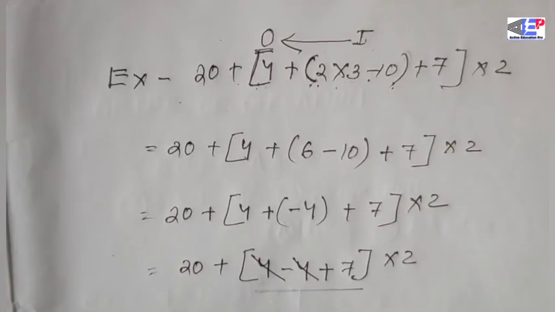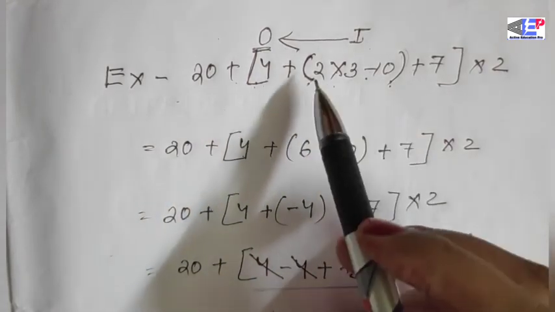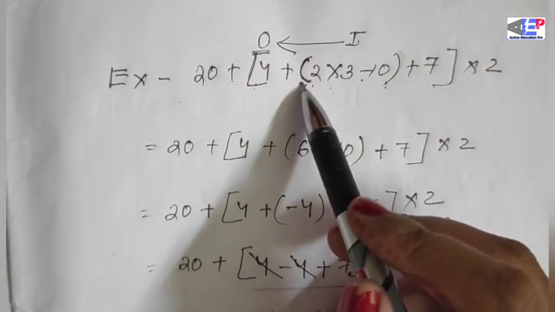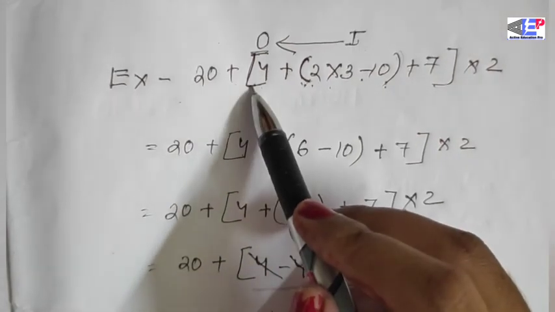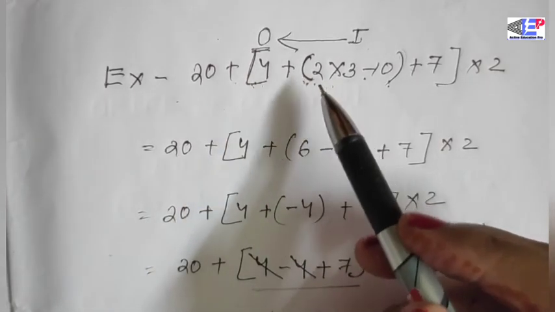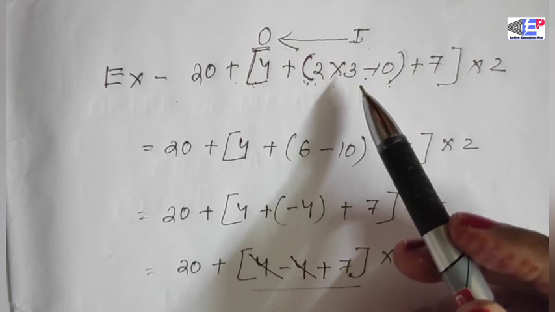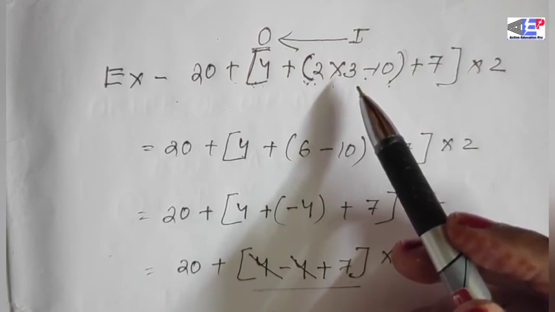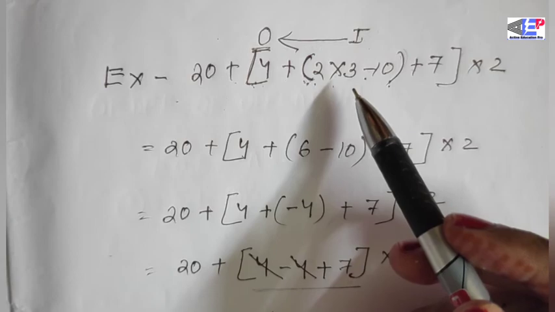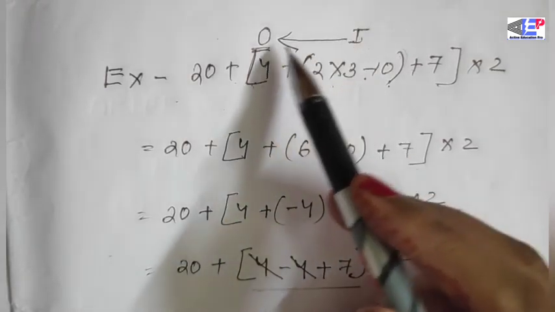Again I repeat it. In this question there are two brackets. One is simple bracket, round bracket, and another is square bracket. If you have two brackets or more than one bracket in an expression, you have to calculate from the inner side to the outer side.